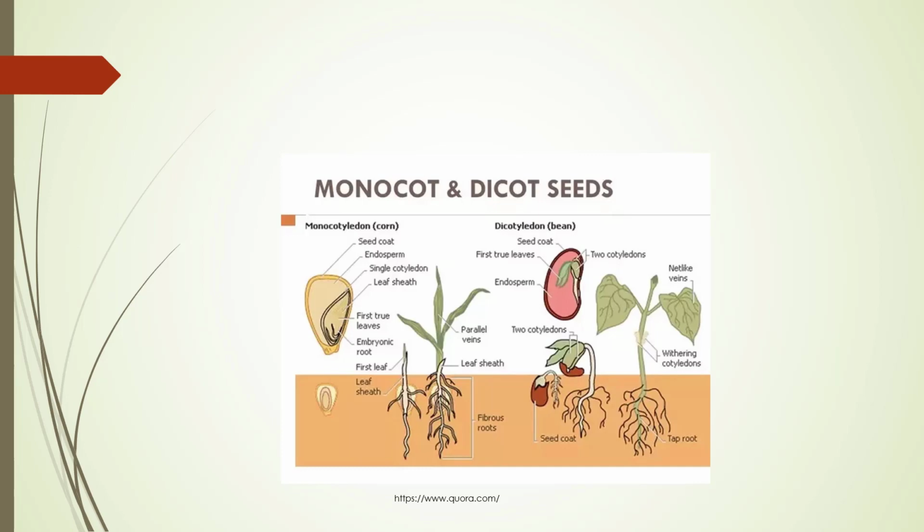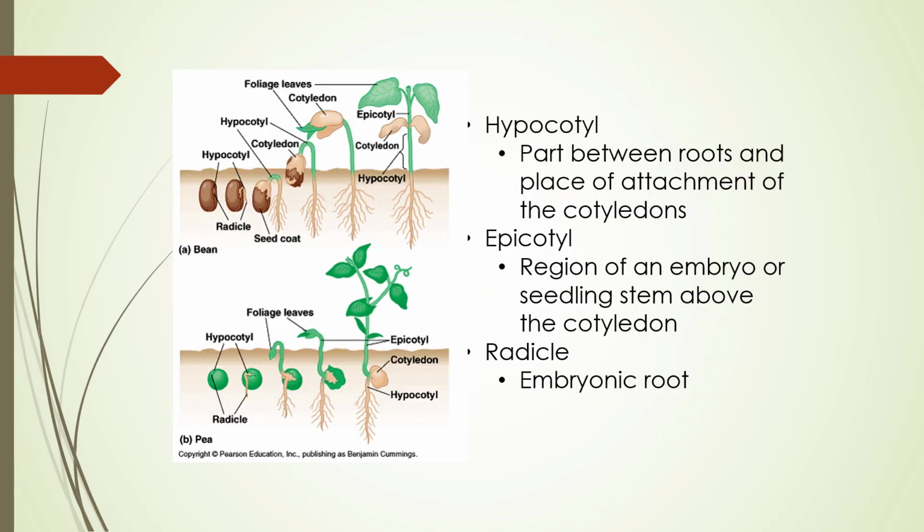Just be aware of that, and that's going to be like annuals. Again, our parts are hypocotyl, the part between the roots and the cotyledons. The epicotyl, which is the embryonic seedling stem above the cotyledon. And then the radicle is the embryonic root.